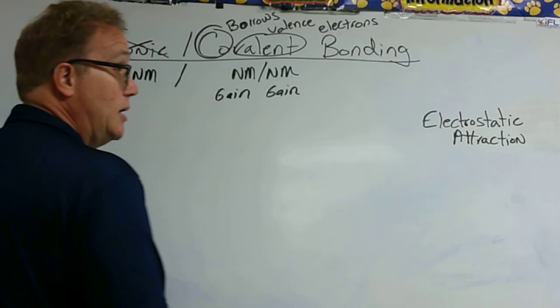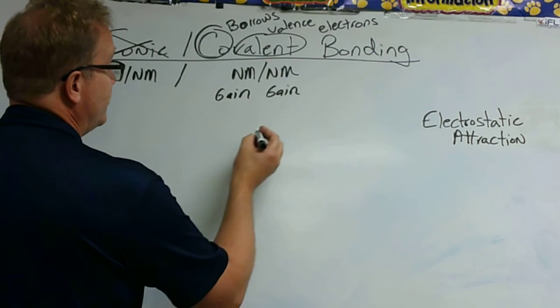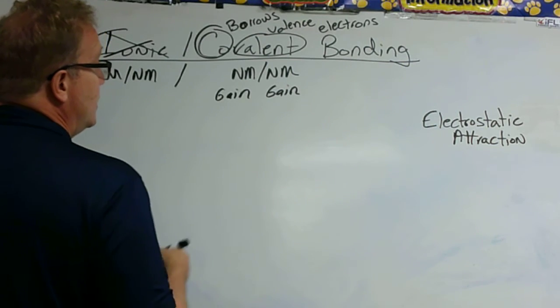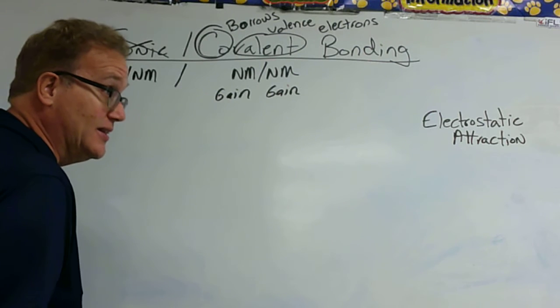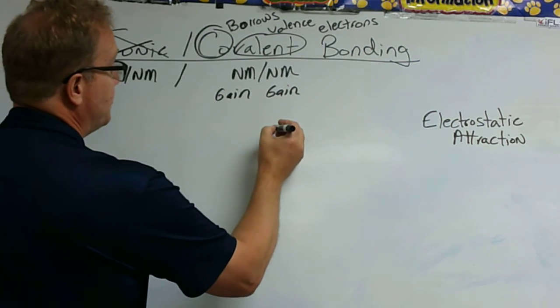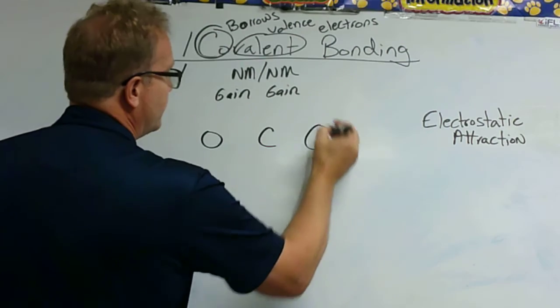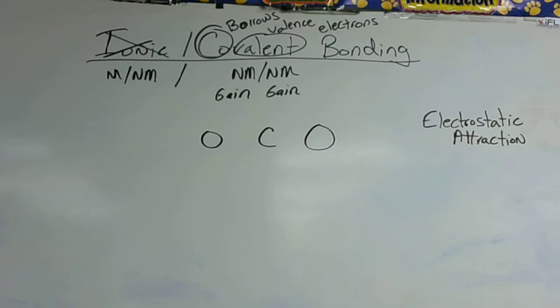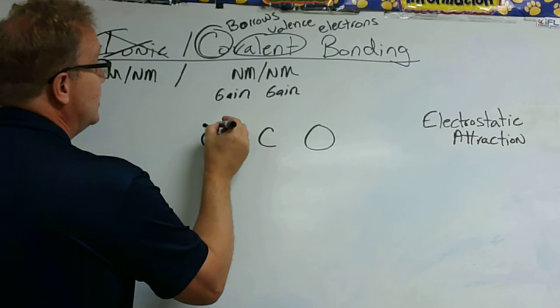So let's go ahead and take a look at this, and we're going to go with CO2. The concept behind covalent bonding is the one that has the least amount of atoms will be your central atom. So it looks like this. If I look at my valence electrons and I count over, oxygen's going to be 6.